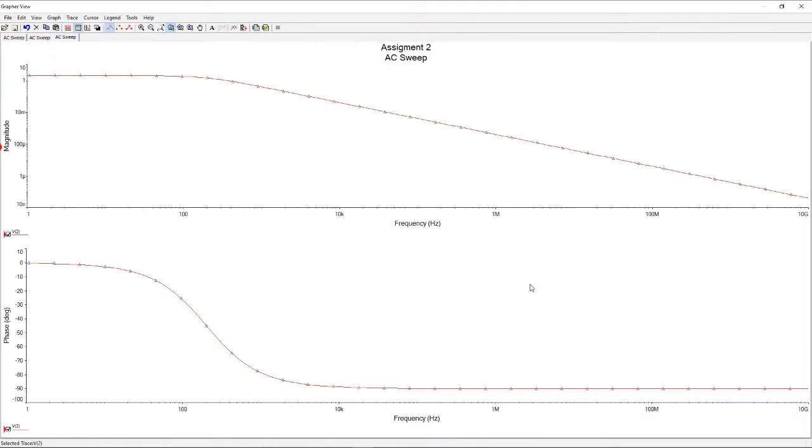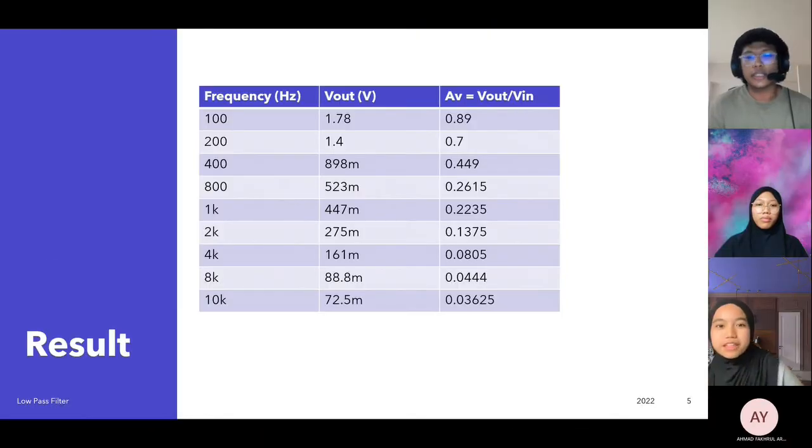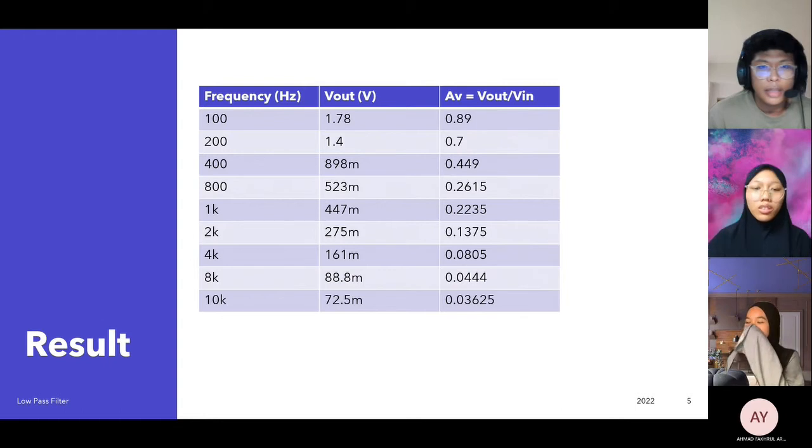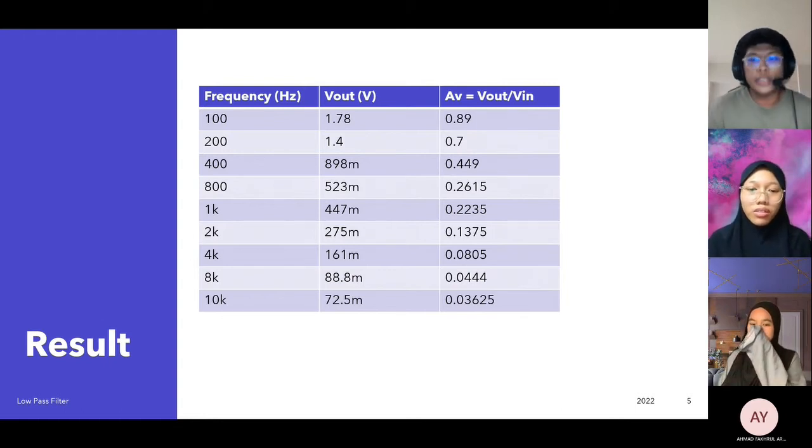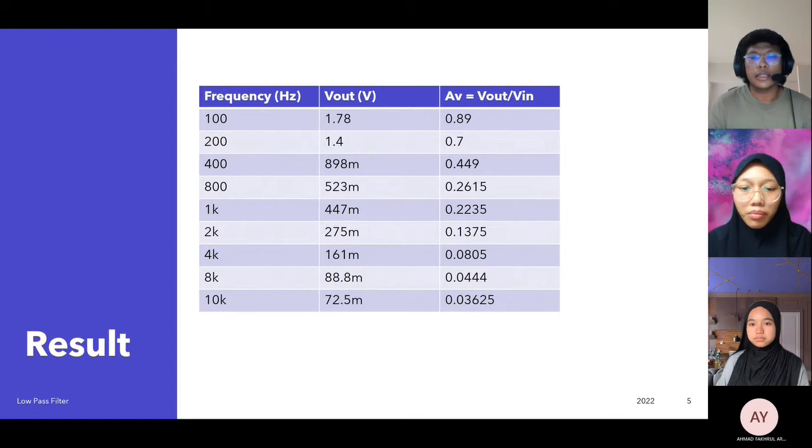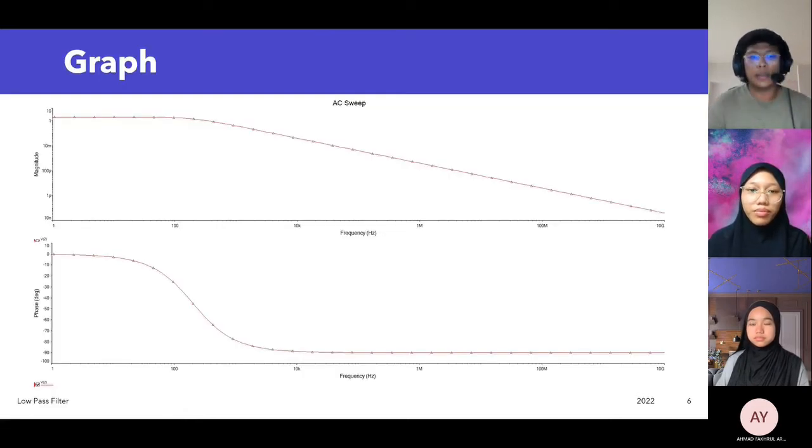So this is the graph. This is the result after we did the experiment. The frequency that we use is from 100 to 10k, and this is the result. The magnitude AV we calculated by ourselves, and this is the graph.